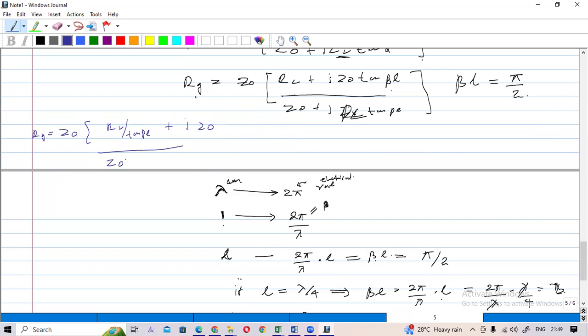Here also, Z naught divided by tan beta L plus j RL.